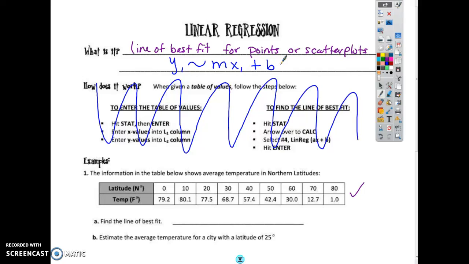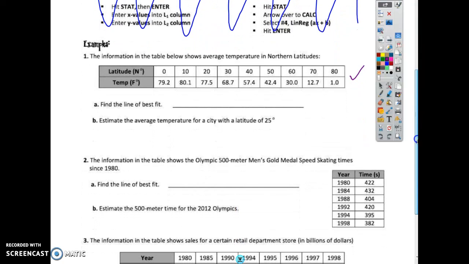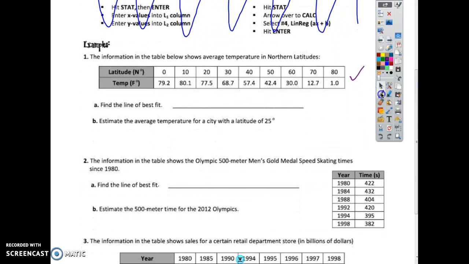So I'm going to do problem number 1, and then you guys are going to do the rest of them. It's going to ask you for a few things. It's going to ask you for the line of best fit for those points. So we would put those in decimals on a table, do the linear regression and get the equation. And then it's going to ask you to estimate for any point.